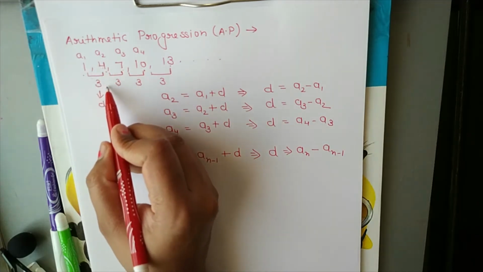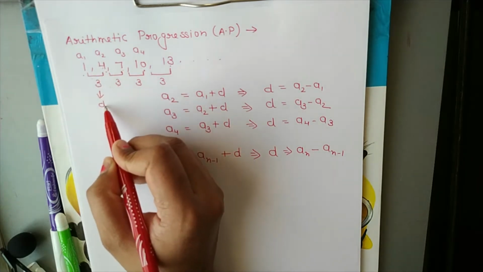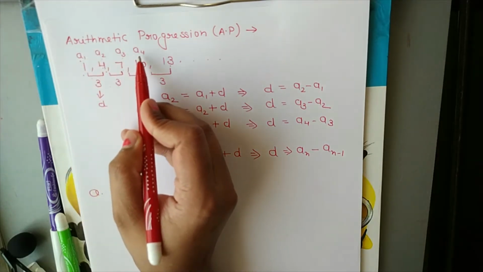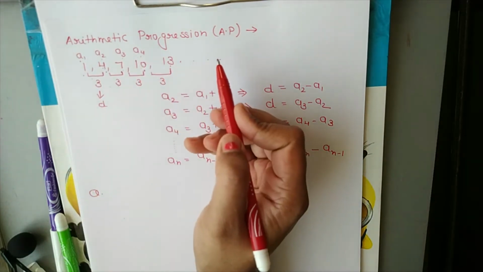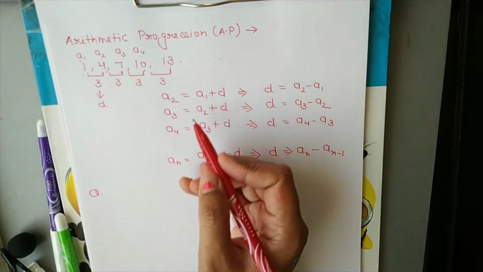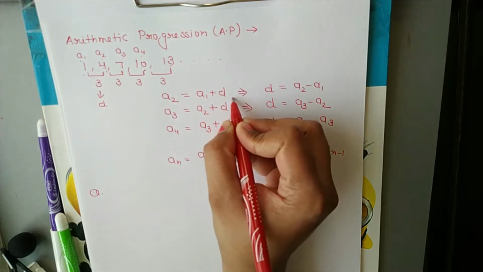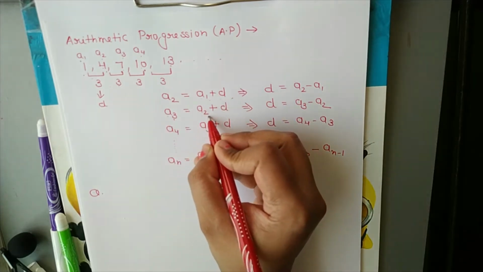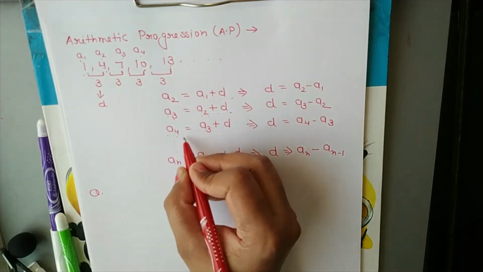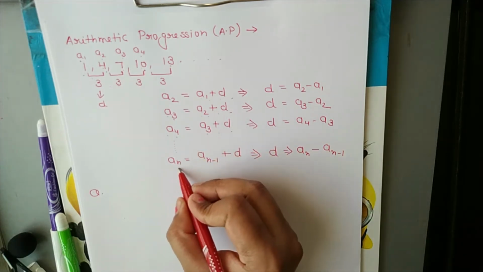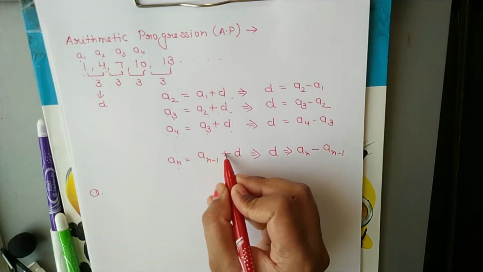Now this difference is denoted by d and the terms are denoted by a1, a2, a3, a4 and so on till an. So a2 can be written as a1 plus d, a3 can be written as a2 plus d, a4 can be written as a3 plus d and an can be written as an minus 1 plus d.